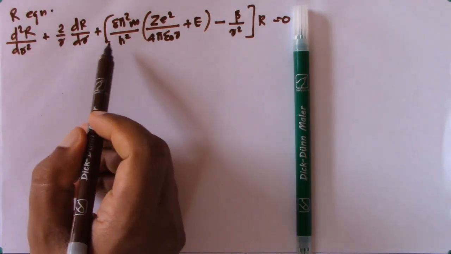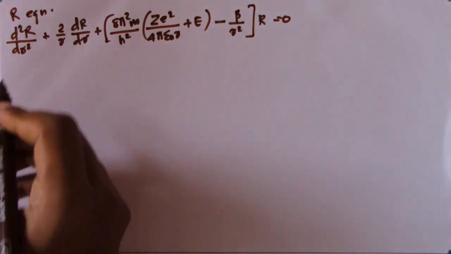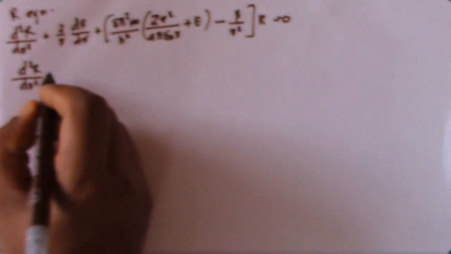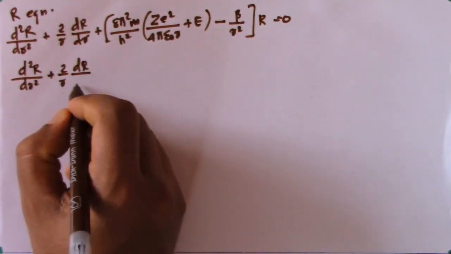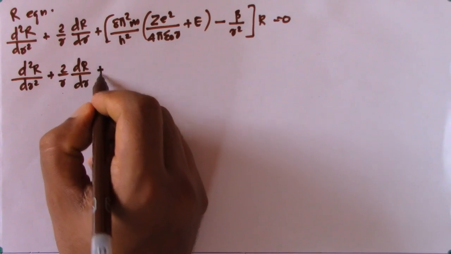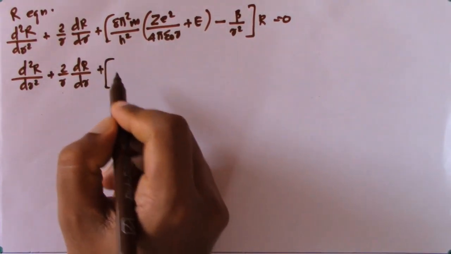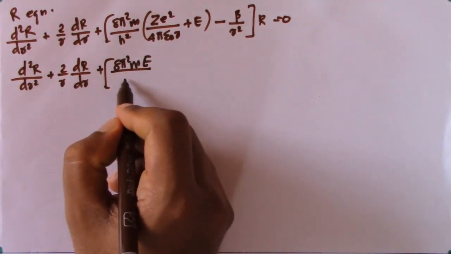I'm going to expand this equation further. Then we can write d square R divided by dr square plus 2 by r dR by dr plus 8 pi square m E by h square.